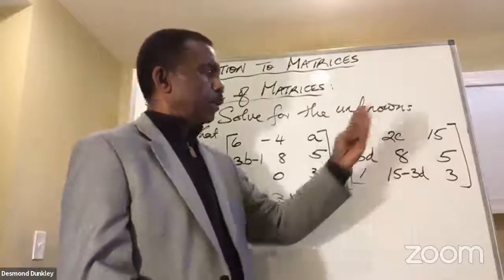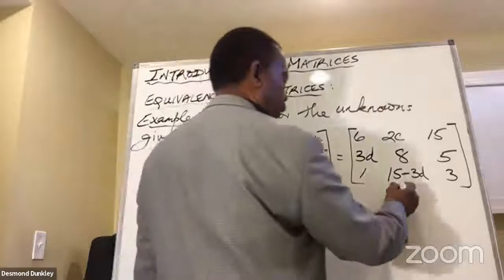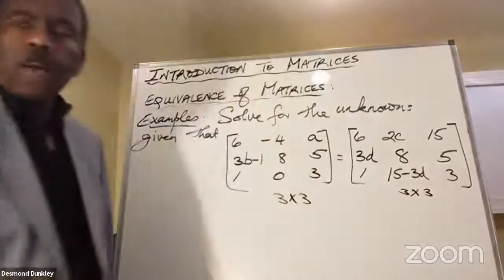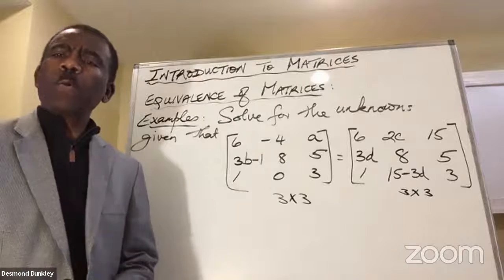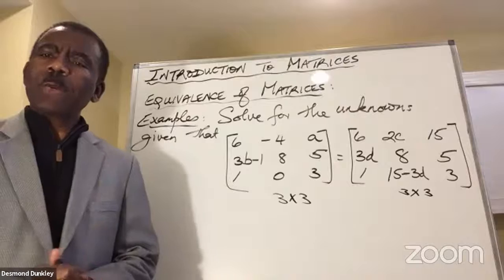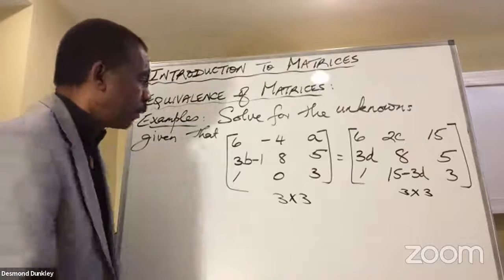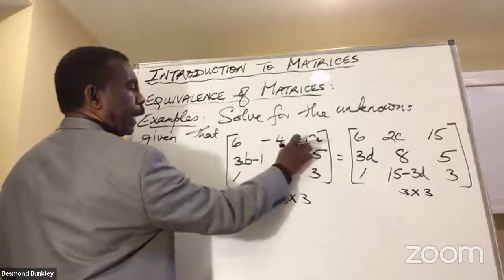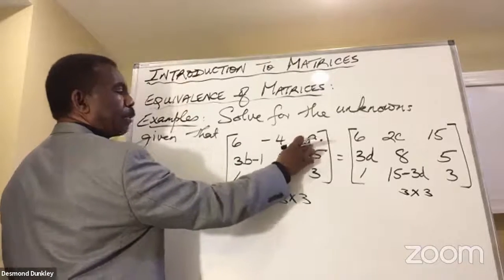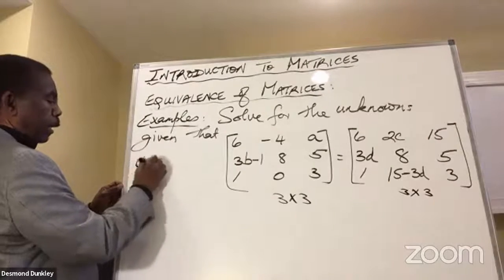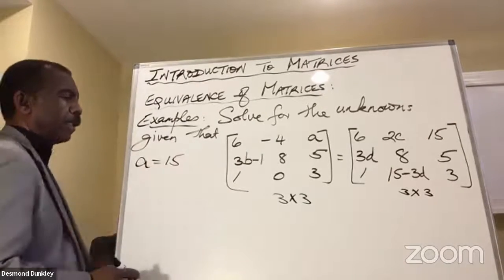So it's 3 by 3 also. So now what we need to do is equate corresponding entries, and that's how we're going to solve. So this entry A is the 1, 3 entry. So this has to be equal to 15. So A is equal to 15.